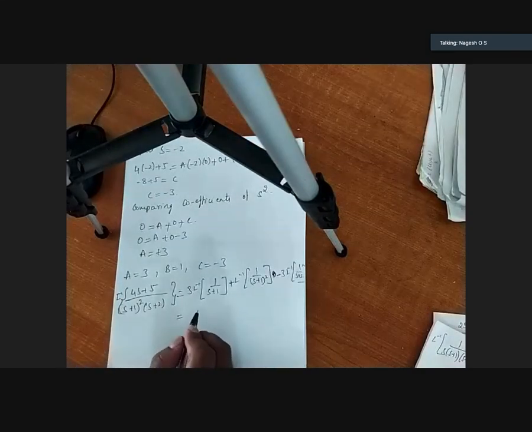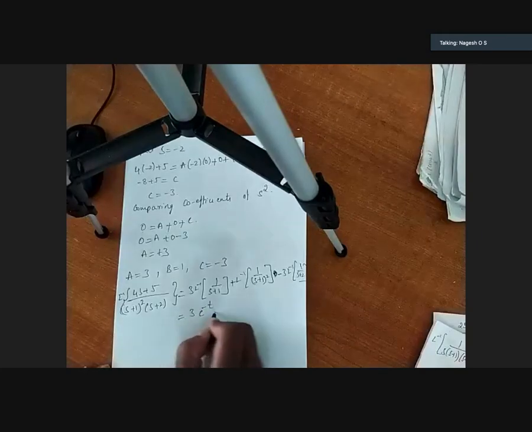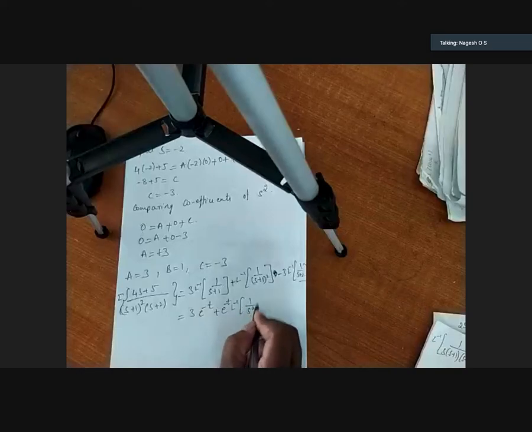This is equal to 3 times e power minus t, plus e power minus t L inverse of 1 by s square.